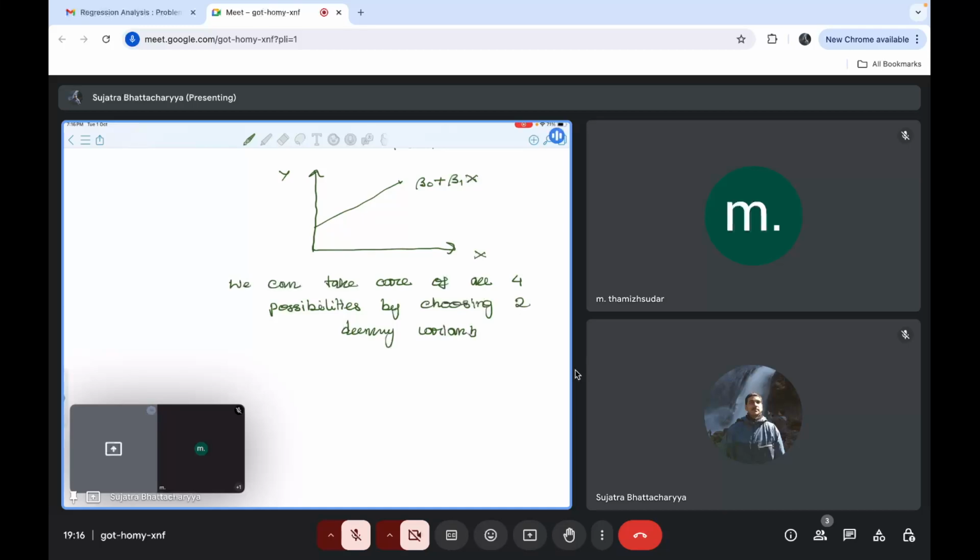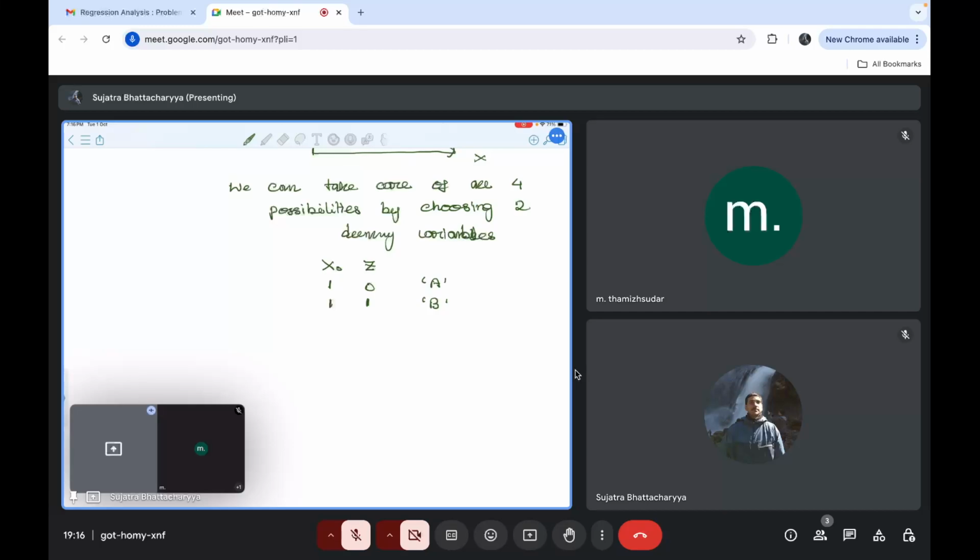Okay, you have two sets of data, so you will have two dummy variables, including x naught. So what we have written earlier, same thing we will be writing. This will be 1, 1, this will be 0, 1. Right? This is for set A, this is for set B. Same thing will be writing. But the equation will be much more generalized.